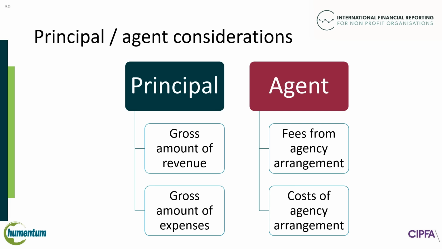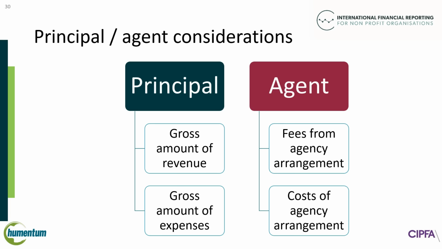Where the NPO is not a principal, it is an agent. In that case, it recognizes as revenue only the amount of any management or administration charge, fee, or commission to which it is entitled. Where a grant-providing NPO is acting as an agent, it recognizes only the costs incurred in the administration of the agency arrangement, and not grant expenses.